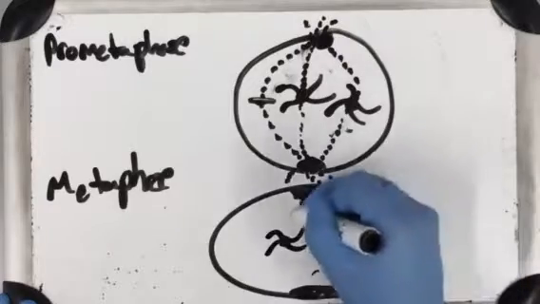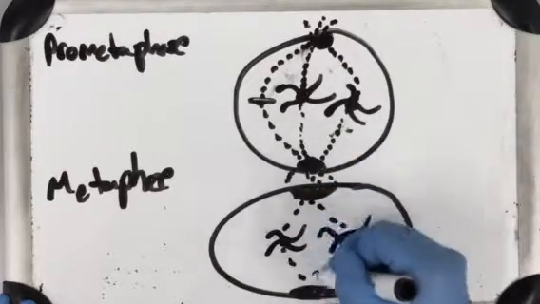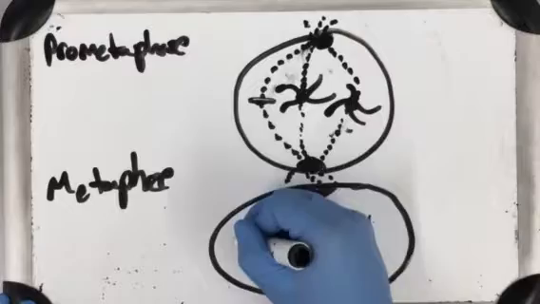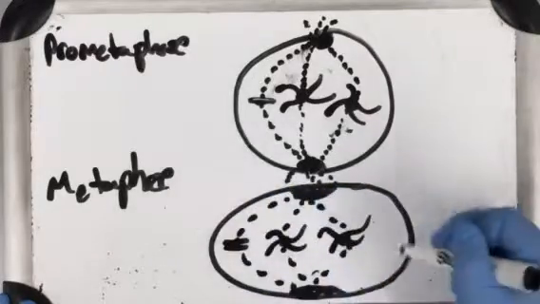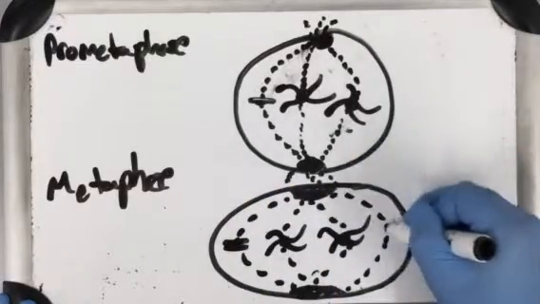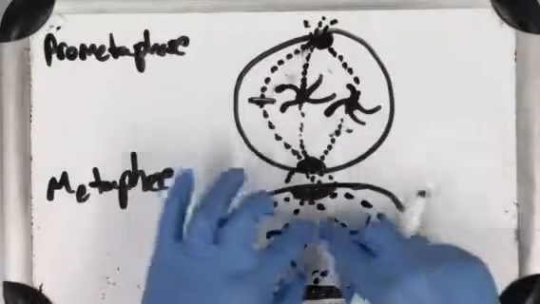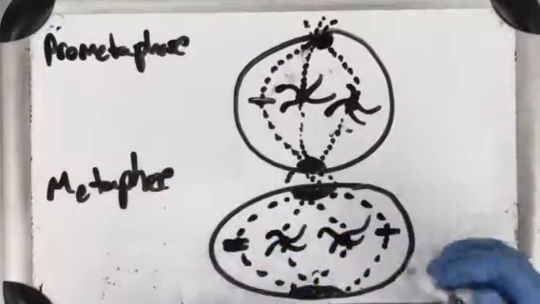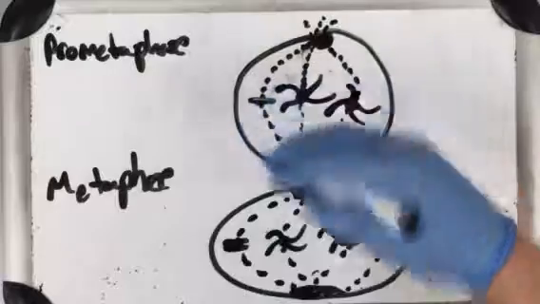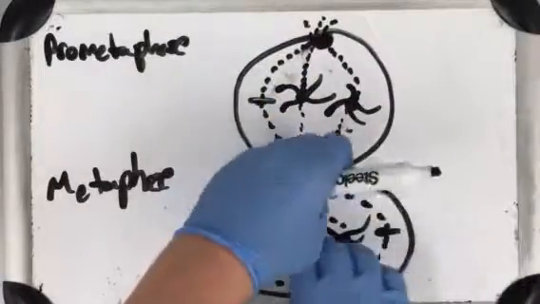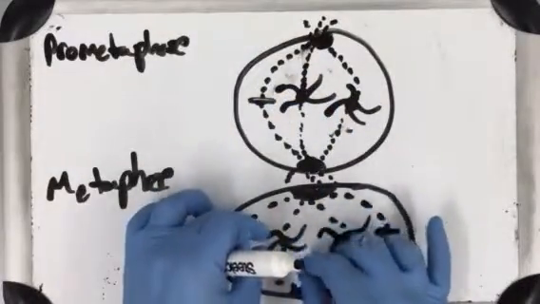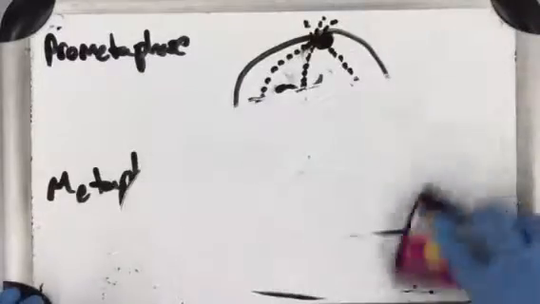And here, everything is attached. Everything is ready to divide. Now the cell, remember there's pushes here, these polar microtubules. So the cell's ready and it's set, the chromosomes are set right on the plate, and this is where it's going to split off like that. These chromatids are going to get pulled. And remember, these are identical, so you're not losing any genetic information.